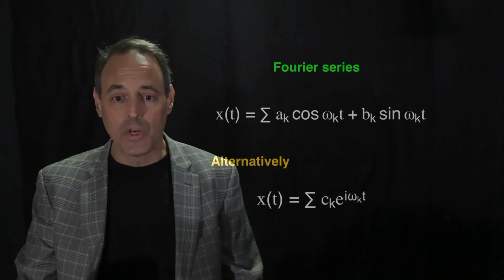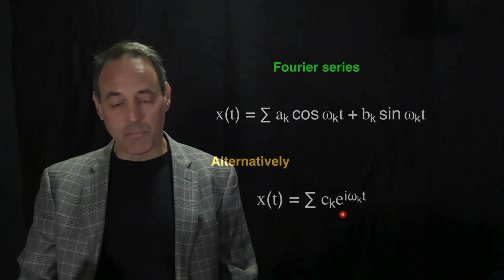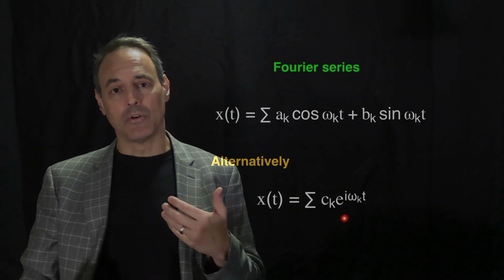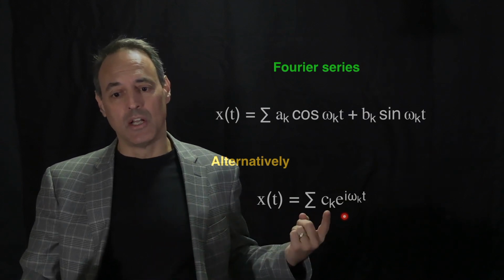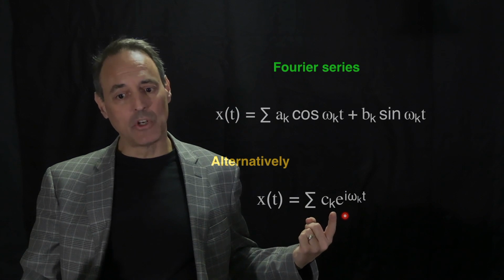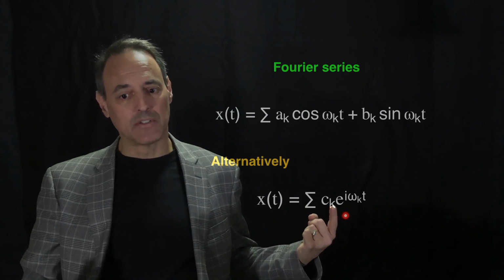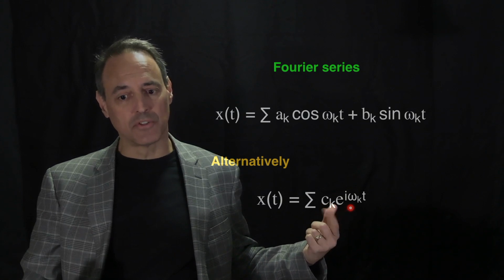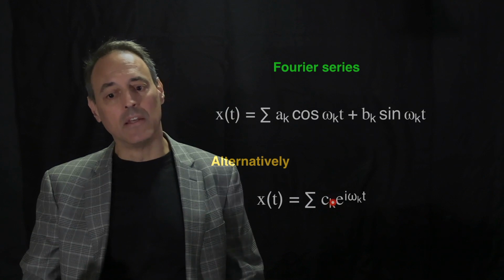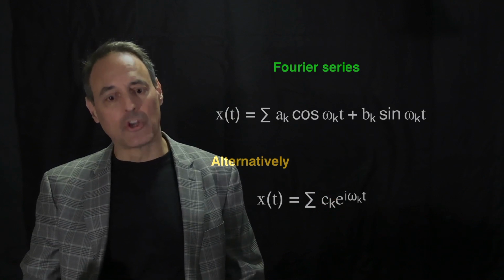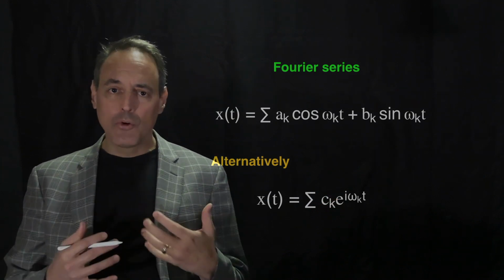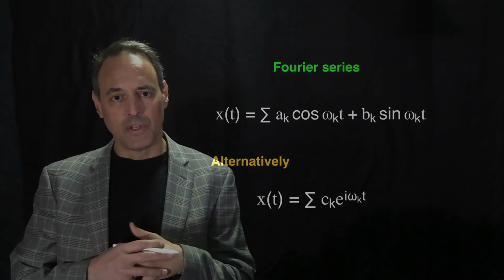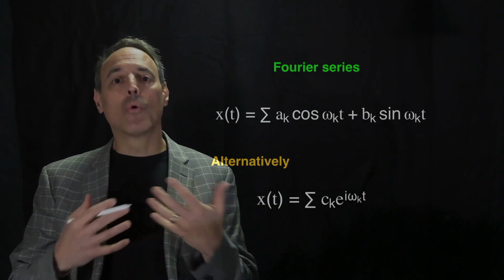Alternatively, we know that cosines and sines can be written as complex exponentials. So instead of using cosines and sines, we could use here e to the i omega k t. We know that this is in fact sines and cosines, right? So these here are sines and cosines. We could represent signals in that, and then we'd have to, again, just figure out how to calculate the coefficient c of k. Either way, what we're trying to do here is to take a signal and represent it in a new coordinate system.